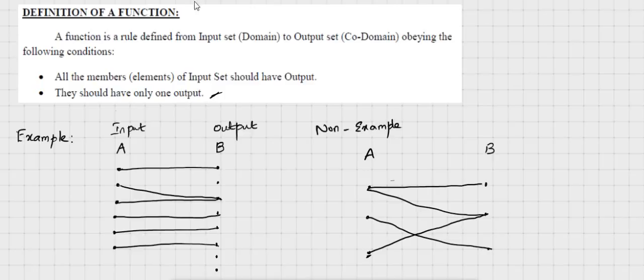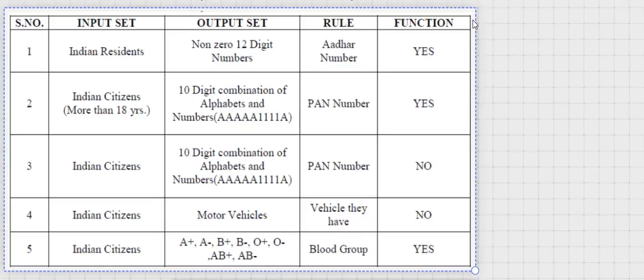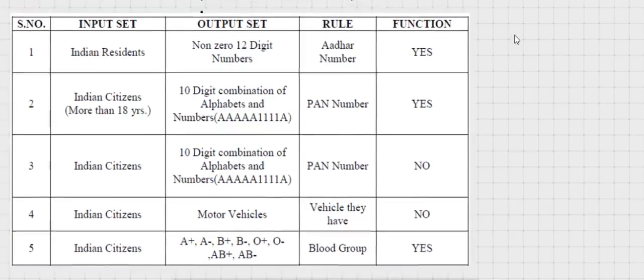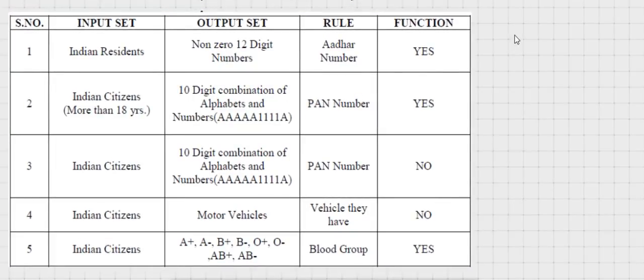Let us see some practical, real-time examples for a function as well as for a non-function. Let us discuss the real-time examples one by one. I am taking the input set as Indian residents. The output set is non-zero 12-digit numbers.